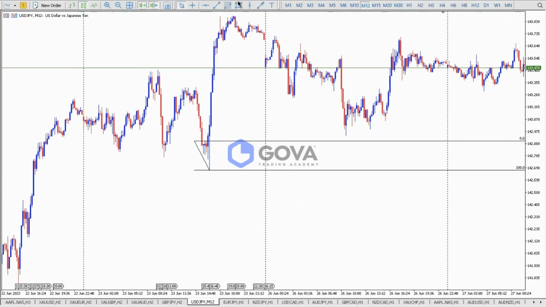So personally, I miss an entry on this trade, okay? My trade did not trigger, okay? But I see some of my students that put their entry, their proximal line here, even though that is not the right way to mark your proximal line.